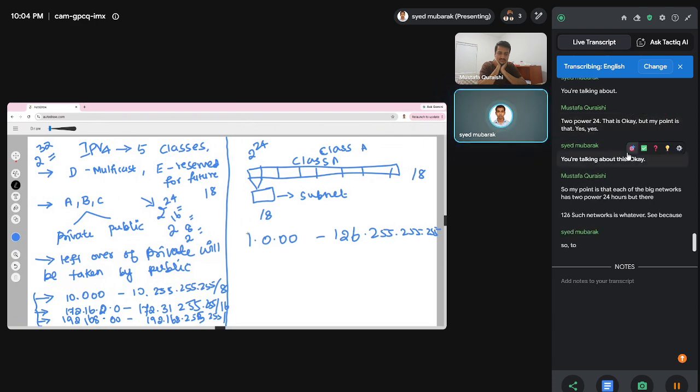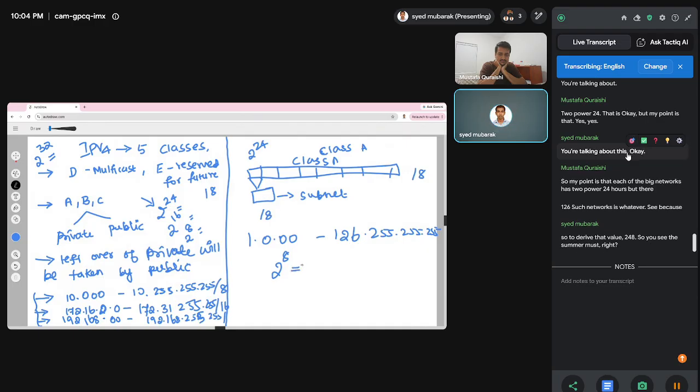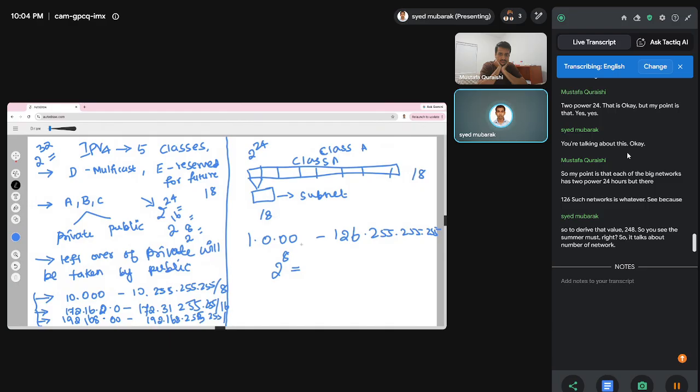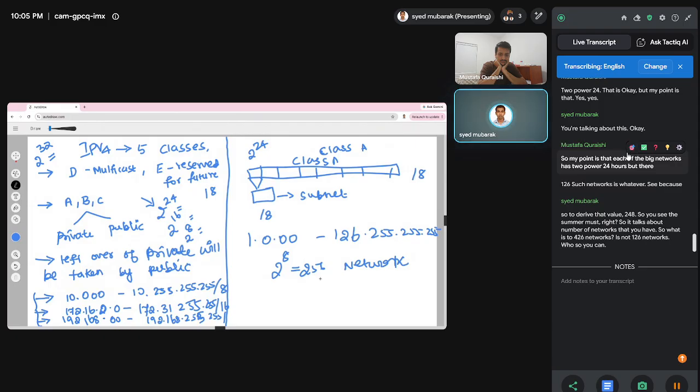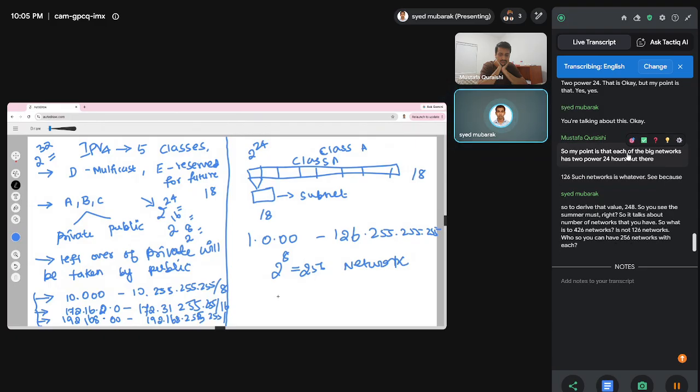To derive that value, you see the subnet mask, right? It talks about the number of networks that you have. So what is 2 power 8? 256 networks. Not 126 networks. You can have 256 networks, with each network having 2 power 24 hosts.